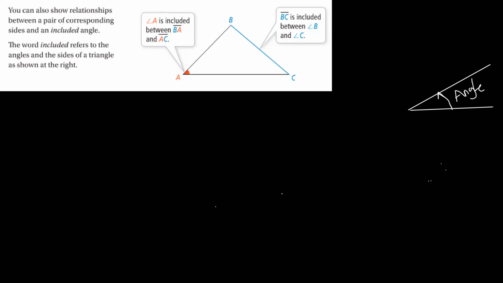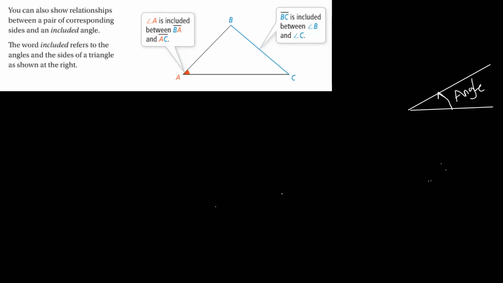In this postulate, it tells me that you can show a relationship between a pair of corresponding sides and an included angle. What does it mean by included angle?